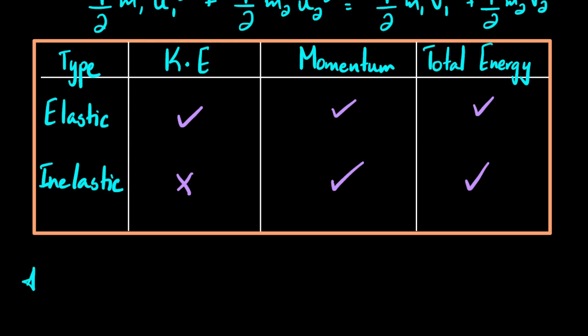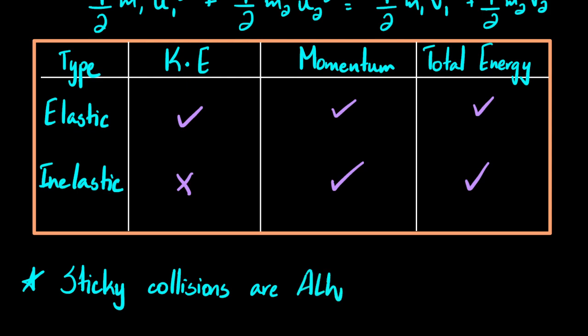But one thing you must always remember, and this will speed up solutions to MCQs for a lot of the cases where such a thing is actually asked. The idea is that any collisions where the objects stick together and become one combined object, or the examiner may also use a word like coalesce, are all called sticky collisions, and they are always inelastic.